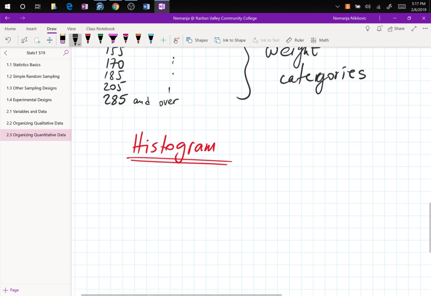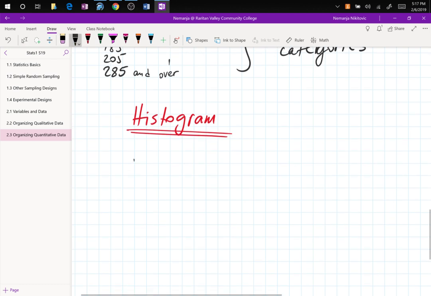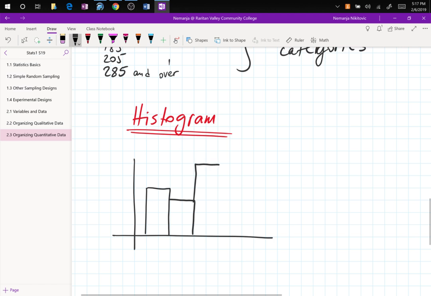So if I am to draw the histogram, you would have a box, and then adjacent to it, next box, adjacent to it, next box, like this. So histogram boxes touch.